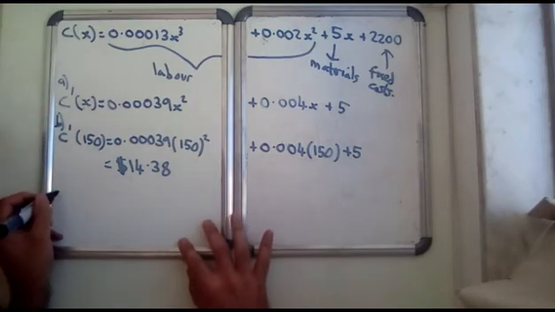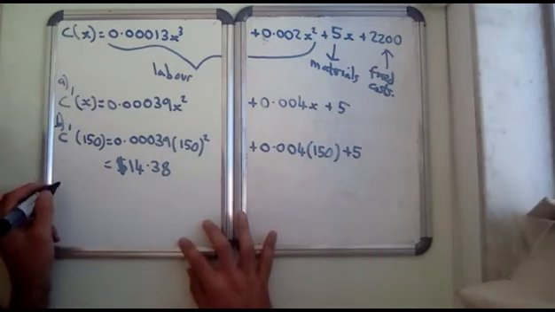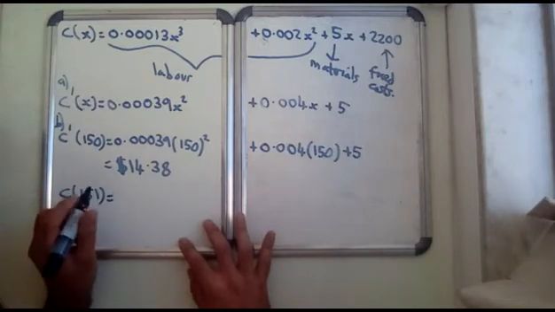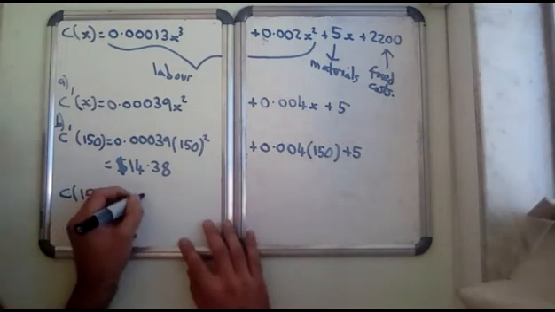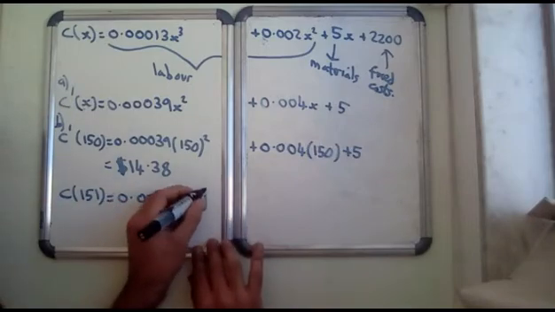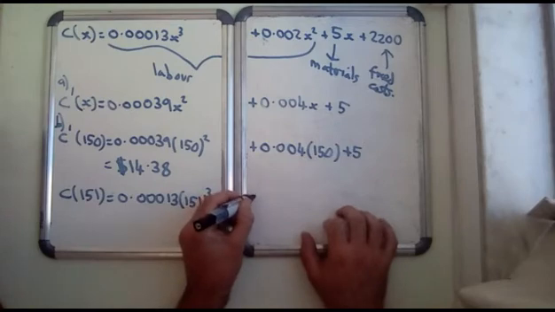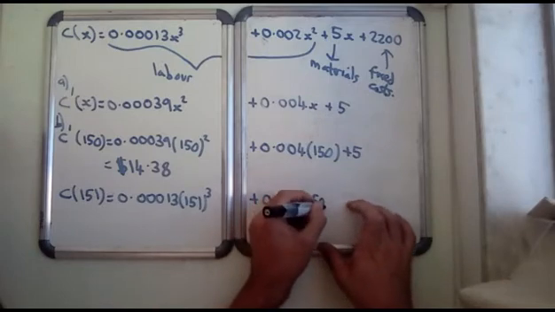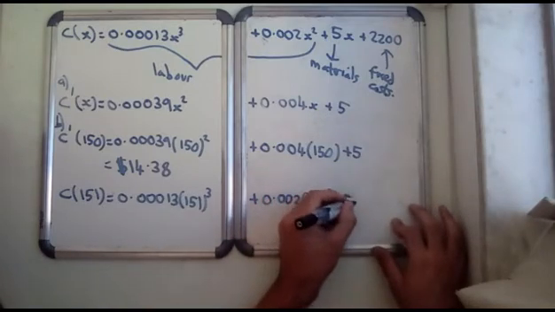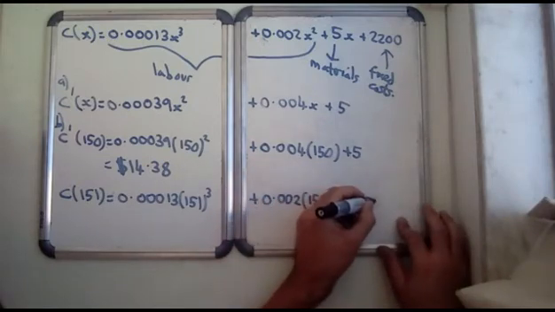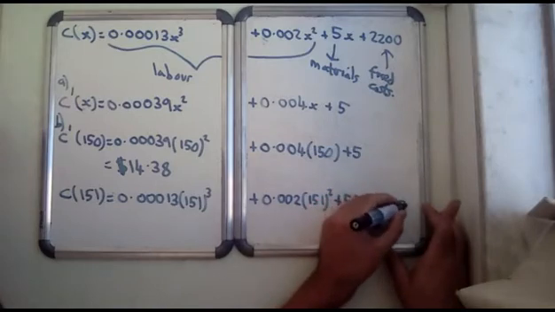So part C, it says find C(151) minus C(150), so C(151) equals 0.00013 times 151 cubed plus 0.002 times 151 squared plus 5 times 151, it's 151 isn't it, not 150, plus 2200.